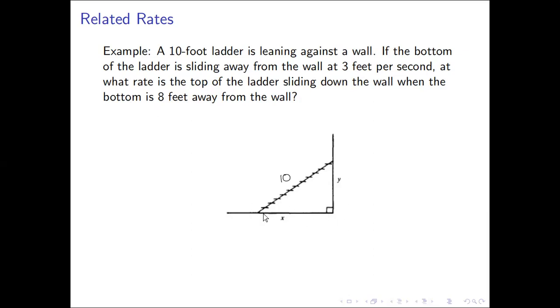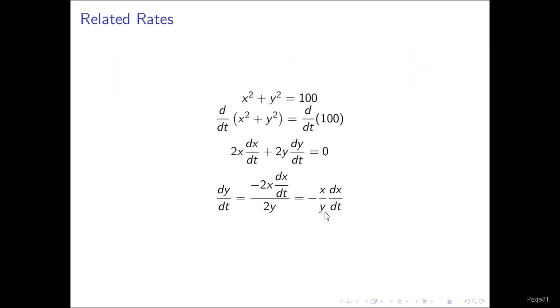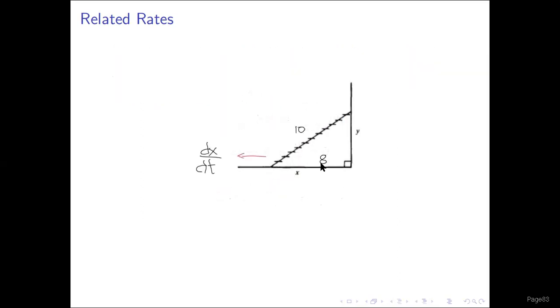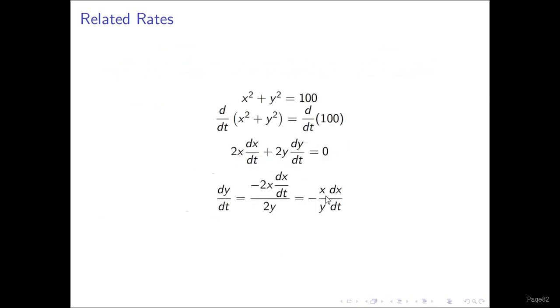So that's x, which I have shown here. So we are given x is 8, and dx/dt is 3. But what do we need to get dy/dt? We also need y, so we need to solve for y. This is what we don't have yet.